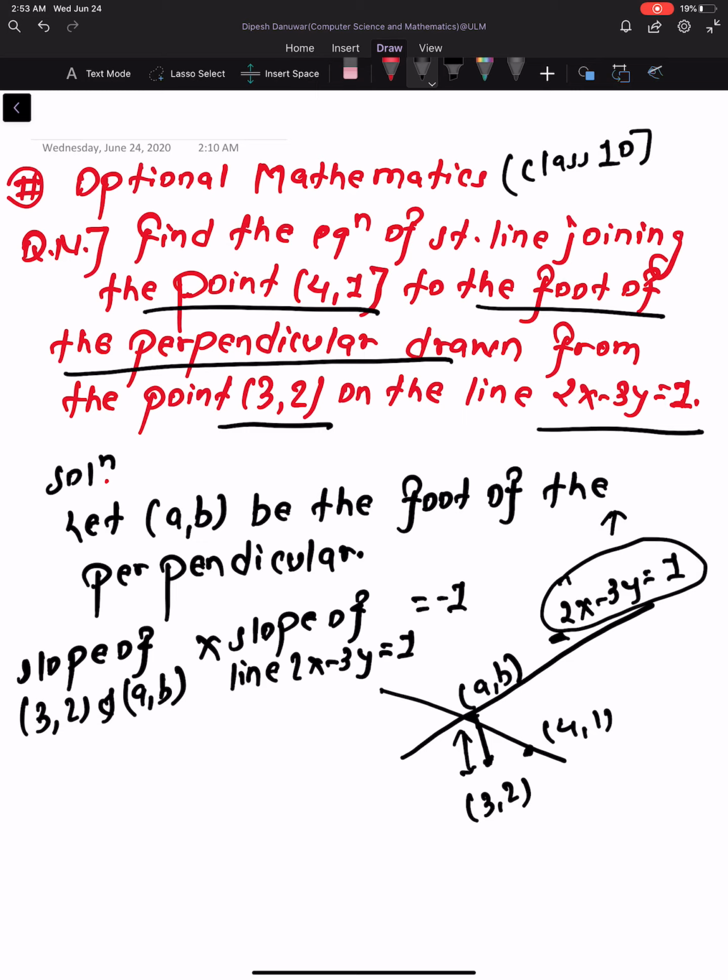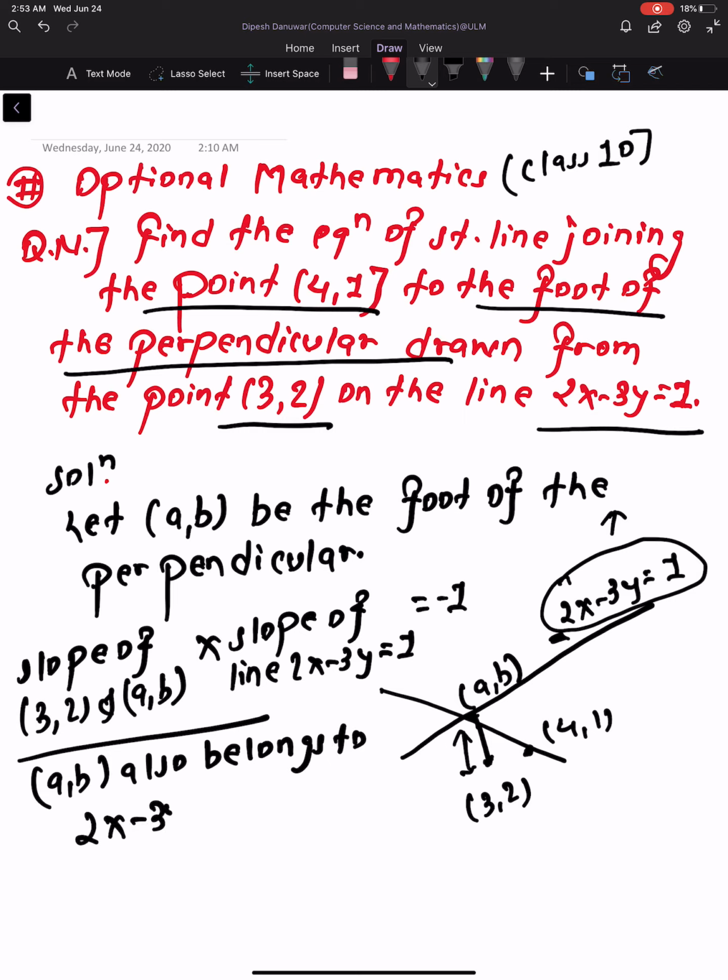We know that, right? From that you will get one equation. Then (a, b) also belongs to 2x minus 3y is equal to 1, so you will get another equation. Then you will solve the two equations and get the value of (a, b), and then you will find the equation of the line passing through (a, b) and (4, 1).